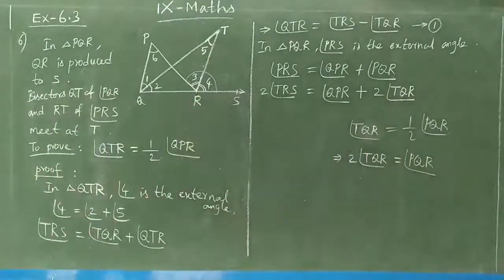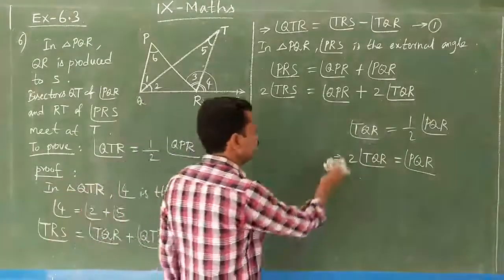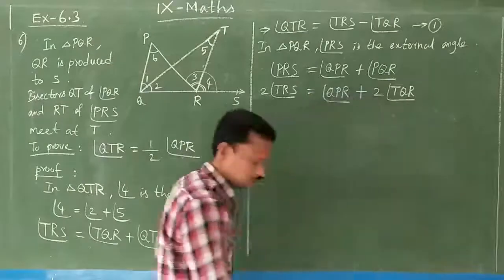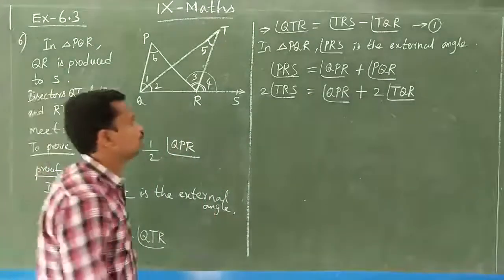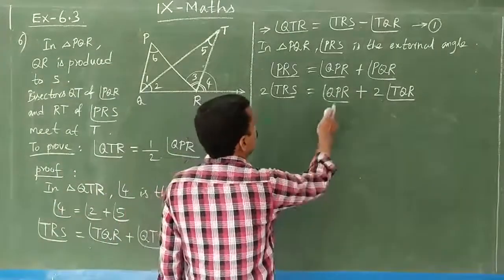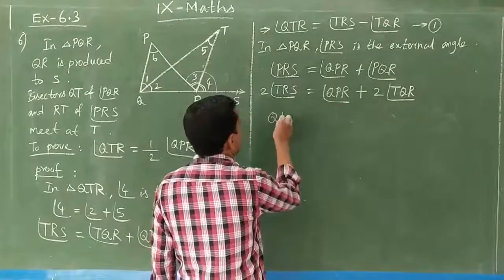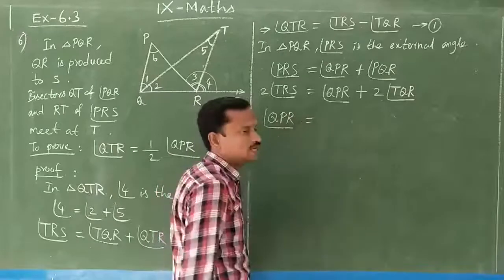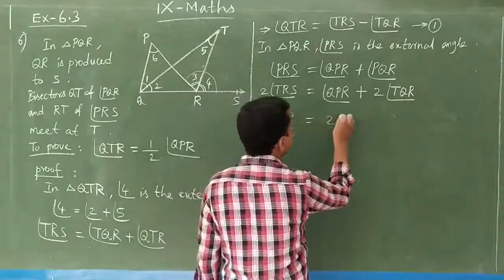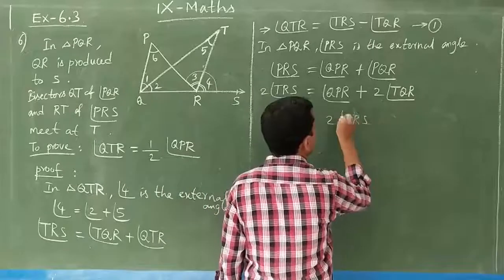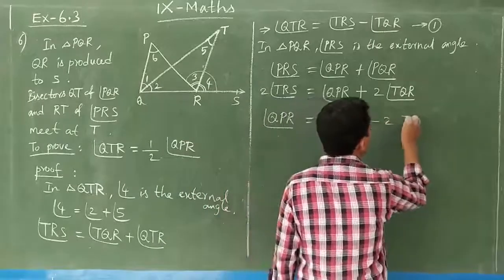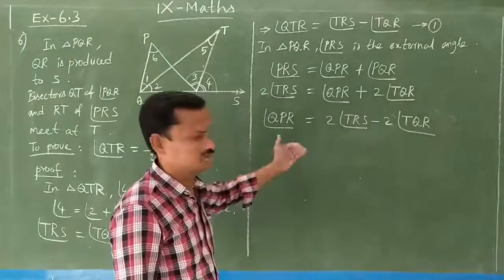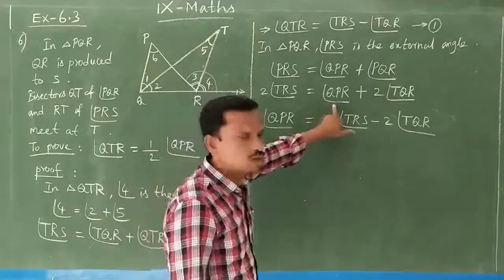Clear? And now we are in the final position, and now you see QPR, keeping at one side 2 into TRS minus 2 into TQR. I am writing like this, just transposing the side, keeping QPR at one side.